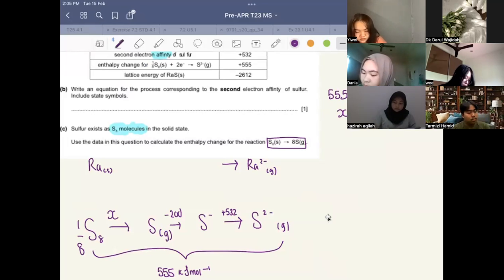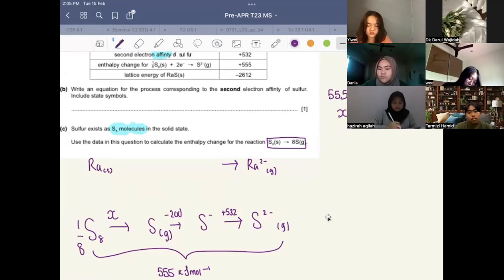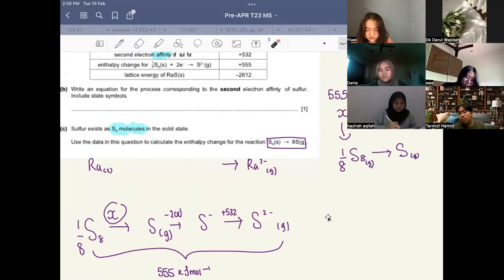That should come out as 223. Did you all get 223? Or maybe some of you don't have the paper. Now, this X, if you go back to the upper one, is 1/8 S8 to go to S. The process for this is 223.